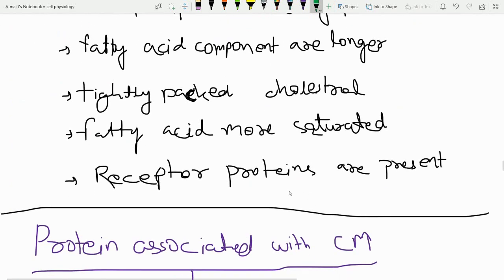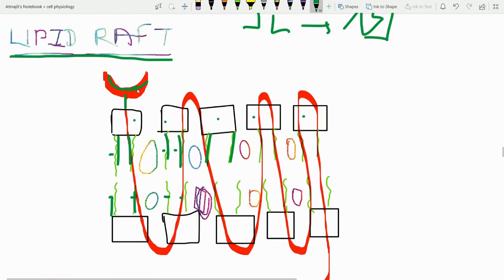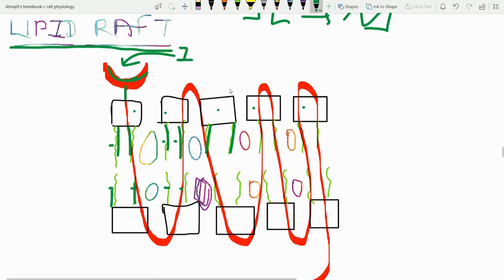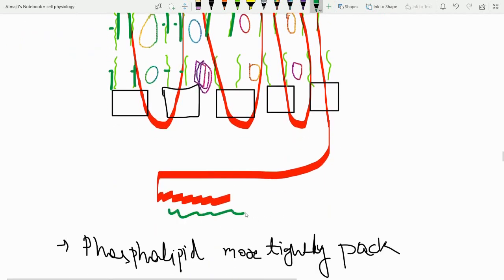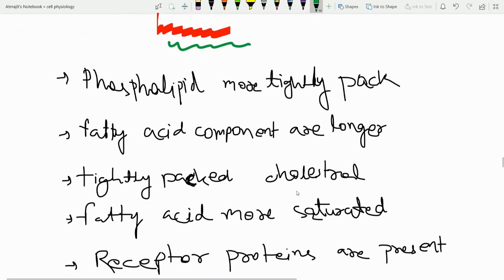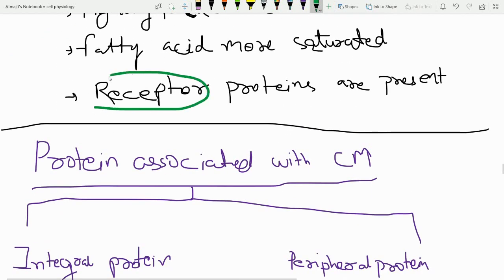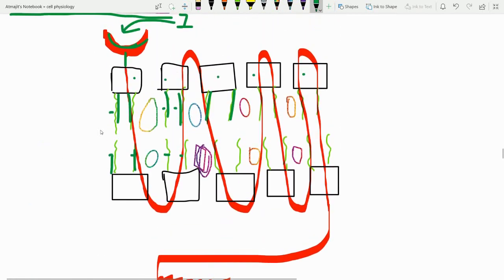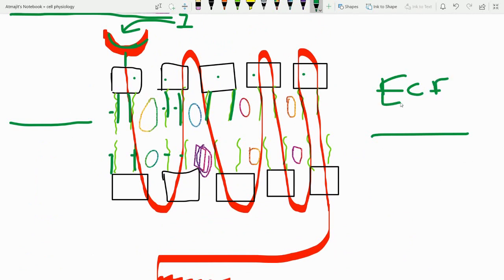Understood? And then the receptor proteins are present. Here a compound like insulin will come, then it will create some changes in the cell. A receptor is a protein structure in the cell membrane; here is extracellular fluid and here is intracellular fluid.